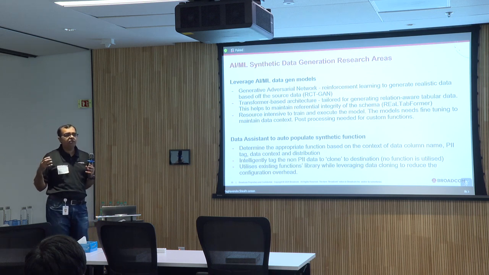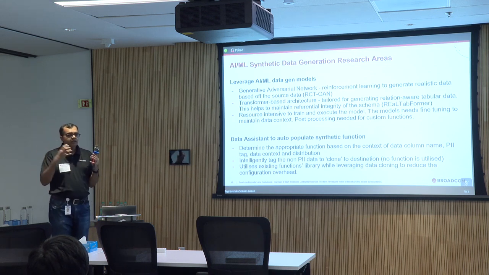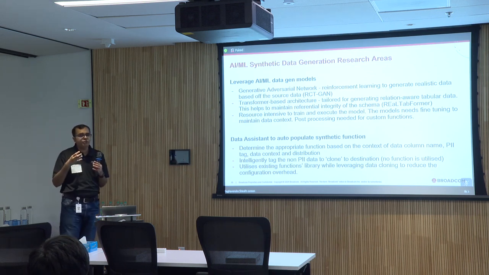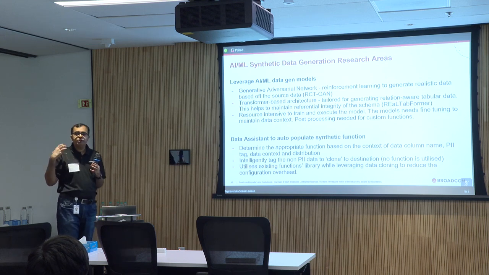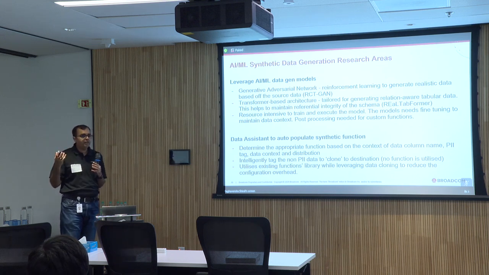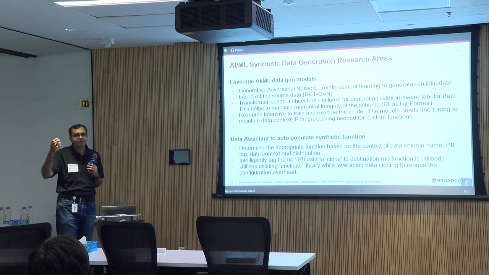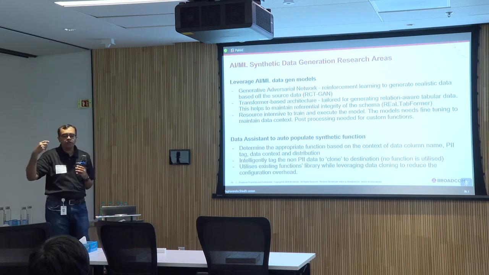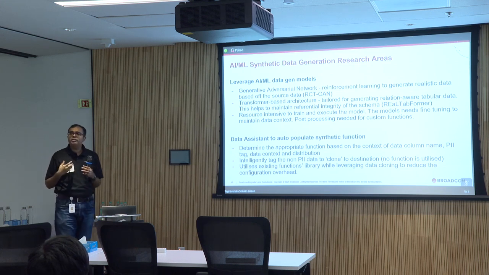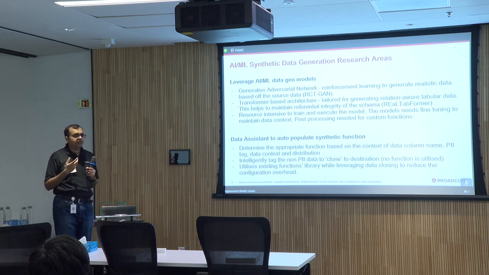One is a generator, one is a discriminator. And both of them feed off each other, right? So the generator tries to generate data and the discriminator tries to discriminate whether it's the generated data or the original data. And it gives you that feedback loop. And at the end of it, there is a convergence wherein it's indistinguishable from a statistical point of view what data it is, right? So that's one approach.